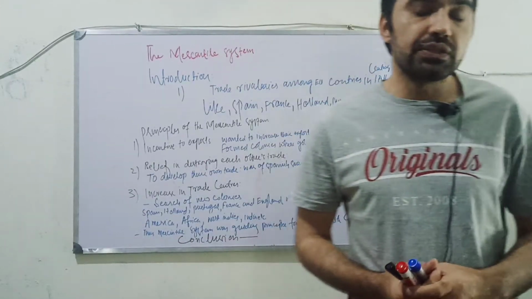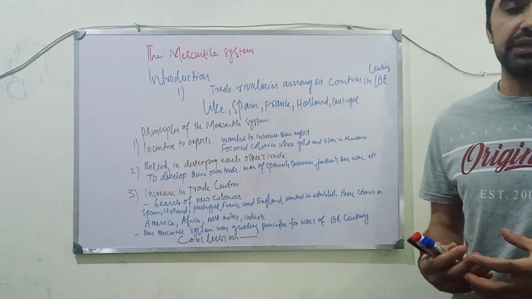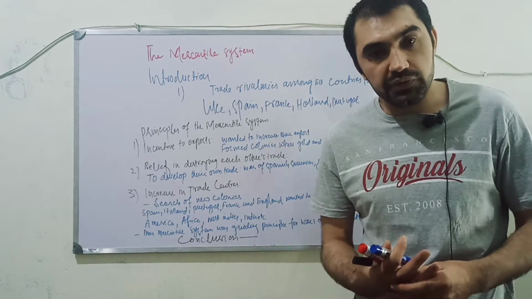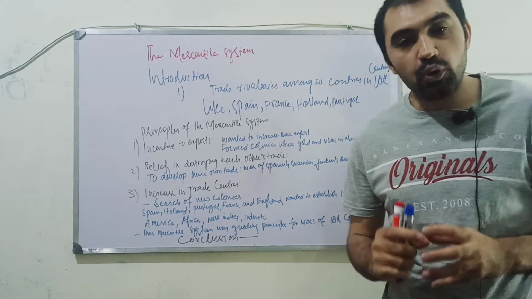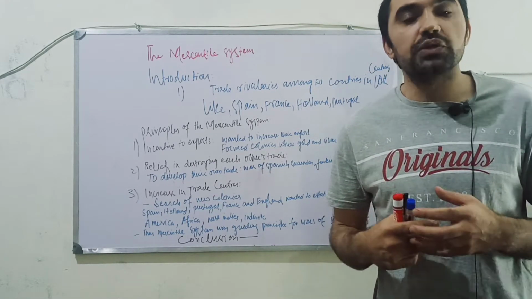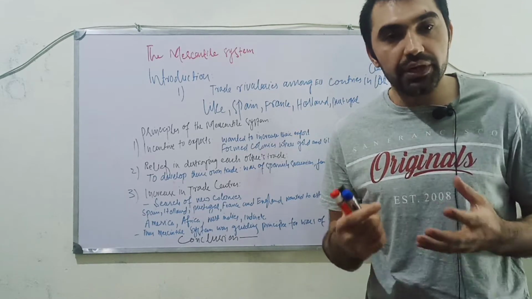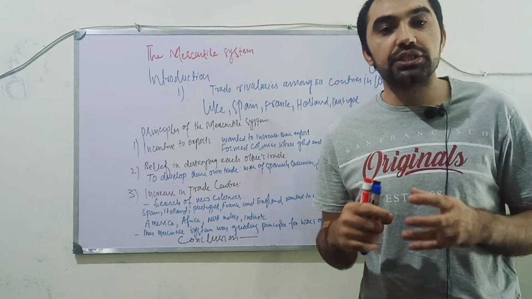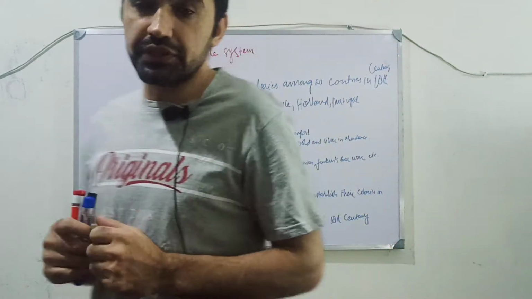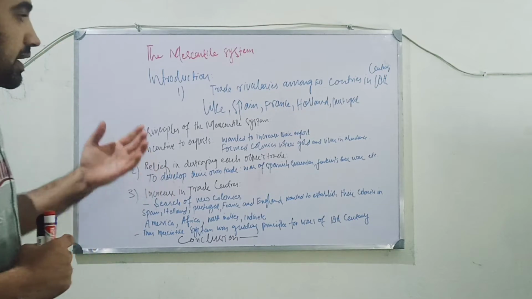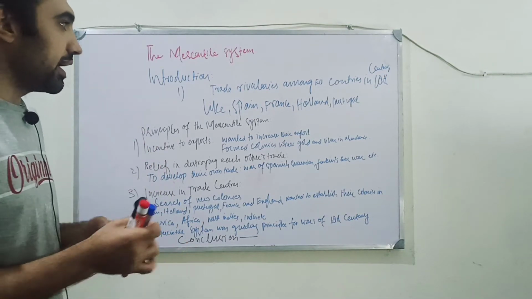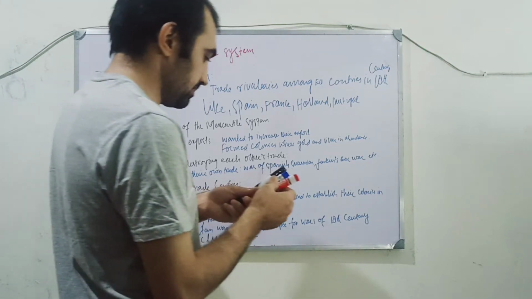The mercantile system was basically a kind of trade rivalry between European powers, and the reason behind this system was to ruin or destroy the trade of each other. Among all those important countries were Spain, France, Holland, Portugal, and the UK.